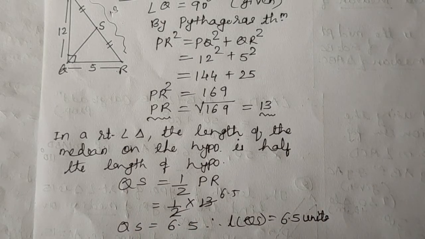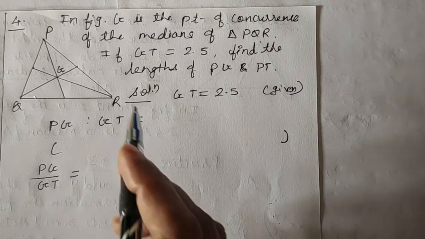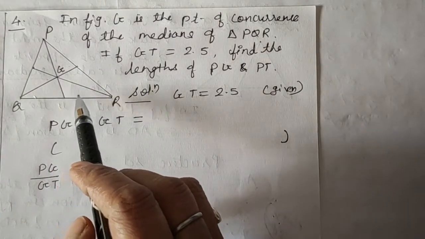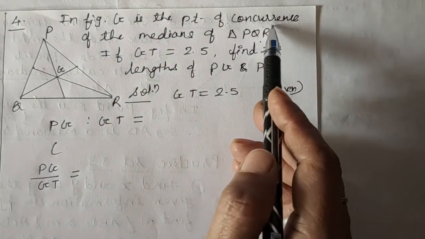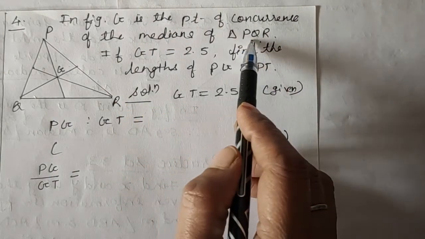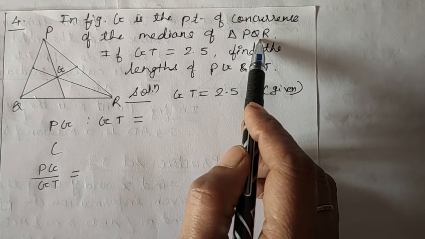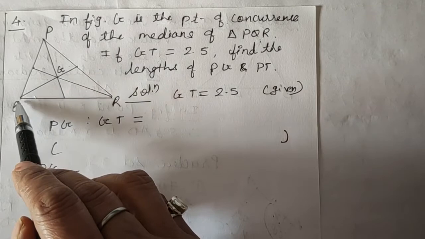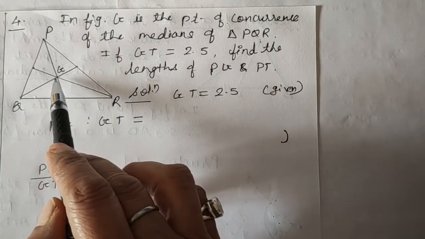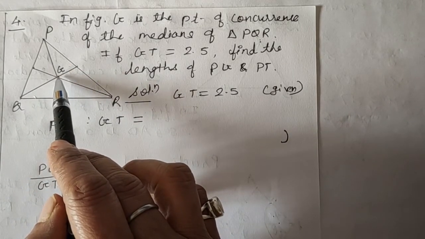Okay, so now let's move to the last example of the exercise. That is also very easy. Let's see the fourth example. Here one figure is drawn. In the figure, the information given is that G is the point of concurrence of the medians of triangle PQR. We have just studied in the lecture that point of concurrence means where all three medians of a triangle meet at one point.